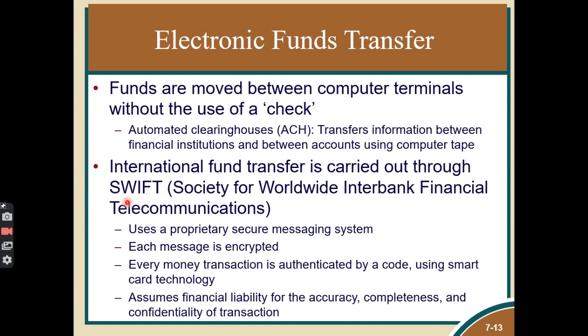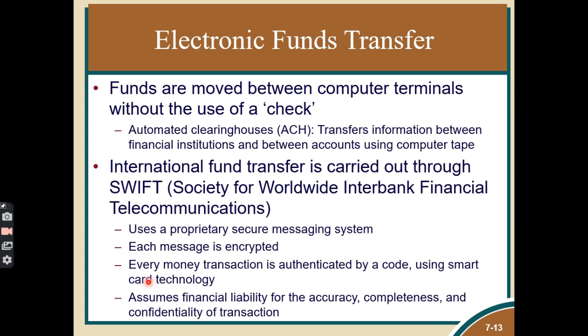You can see this whenever you receive or transfer money from one country to another. SWIFT stands for Society for Worldwide Interbank Financial Telecommunications, which is basically used by banks all over the world in order for one particular bank in the US to be able to transfer funds to the Philippines. So that's basically how it's done.